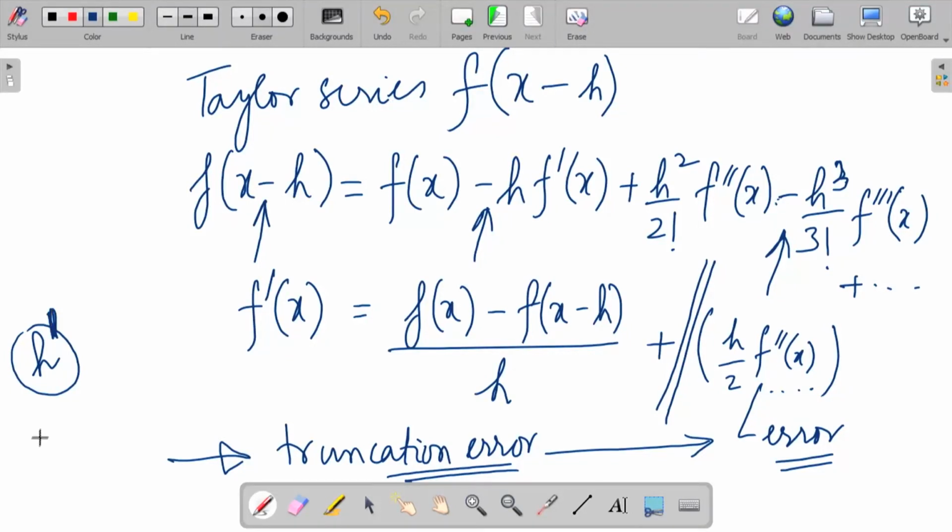You can very easily figure out that the next term would have an index 2, the subsequent term an index 3, and so on. Now, h is a small number. So, when you raise it to larger and larger powers, the value it will attain will become smaller and smaller. Therefore, the term with the lowest power of h will contribute most to the error.